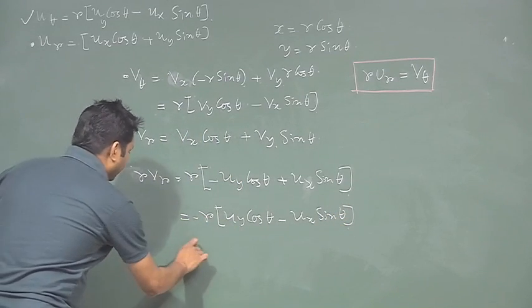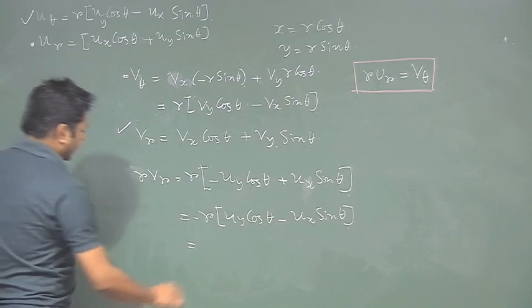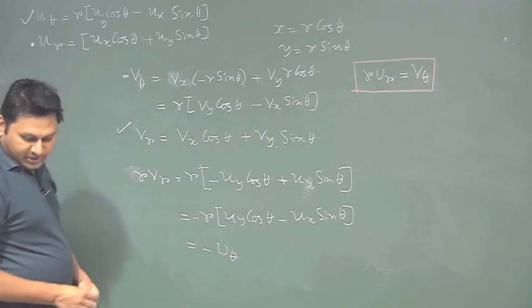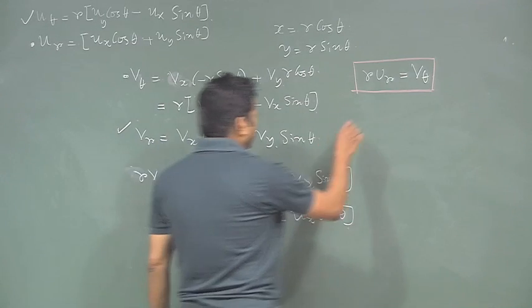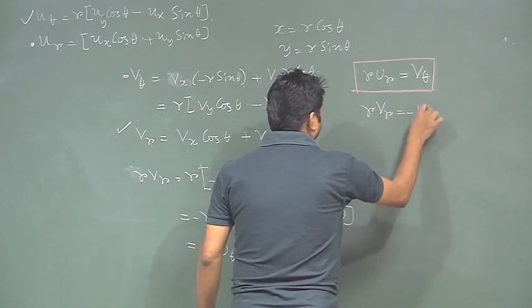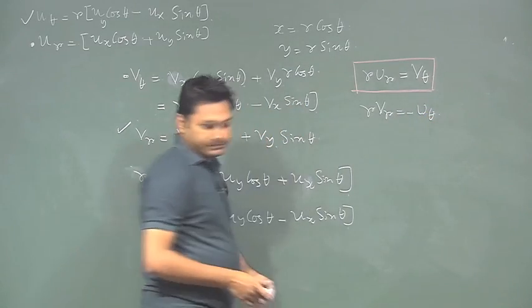This quantity from here I can write minus of u theta. So, my second expression is r V r is minus of u theta.